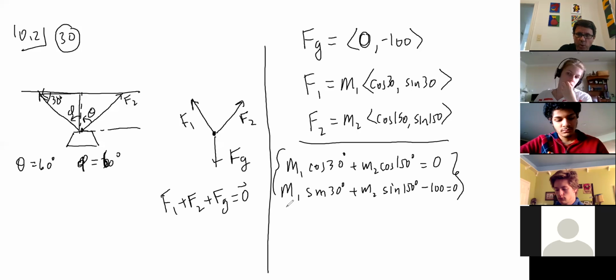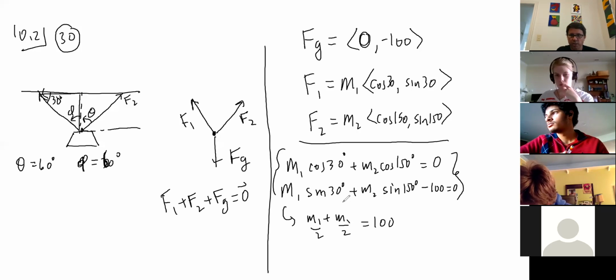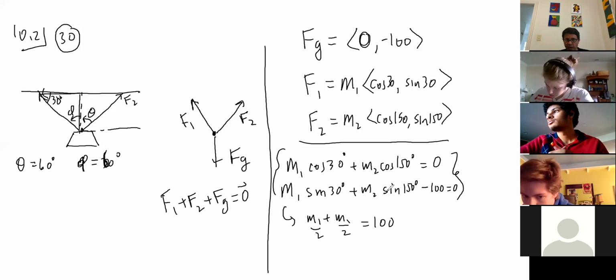So the second equation says that M1 over 2 plus M2 over 2 has to be 100. This is a half, this is also a half. So I know that at least they have to add up to be 200.